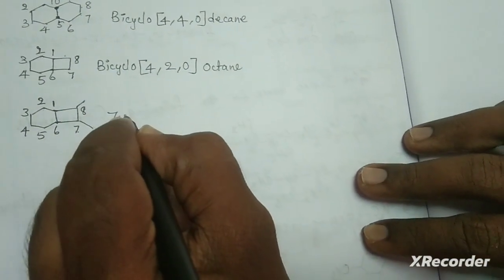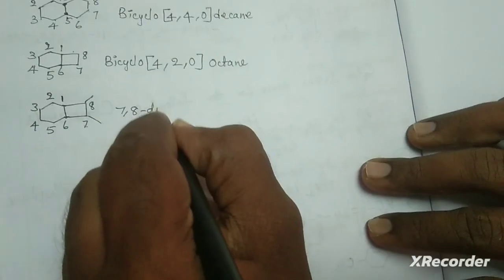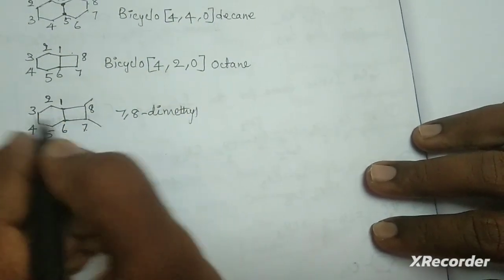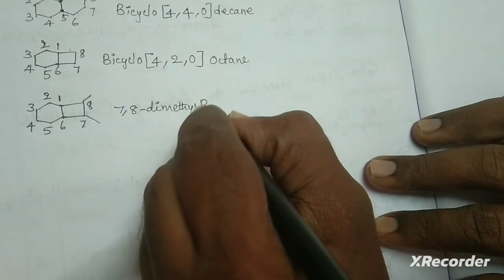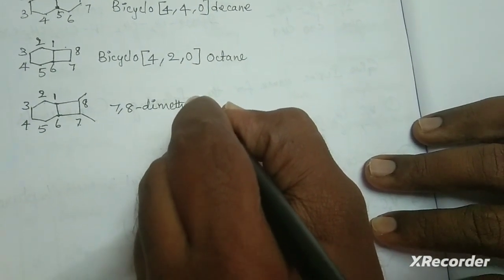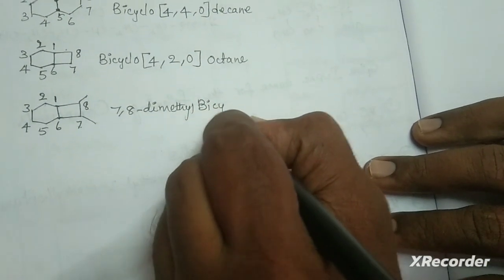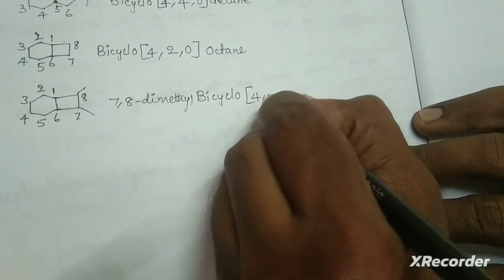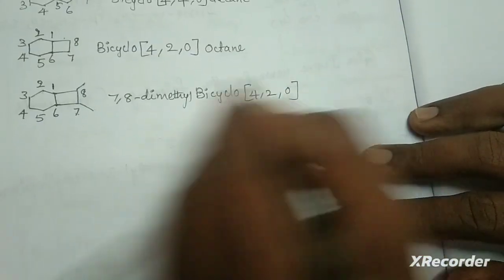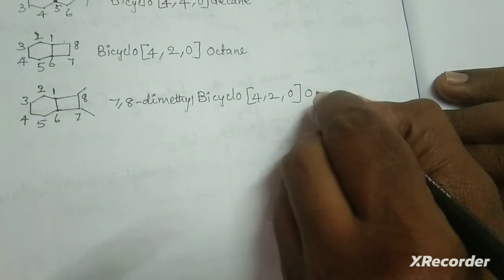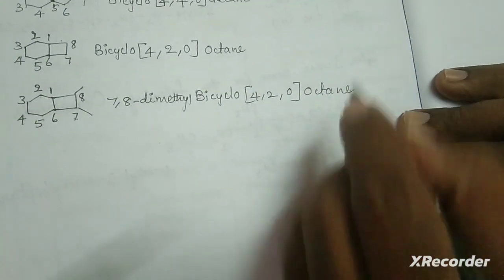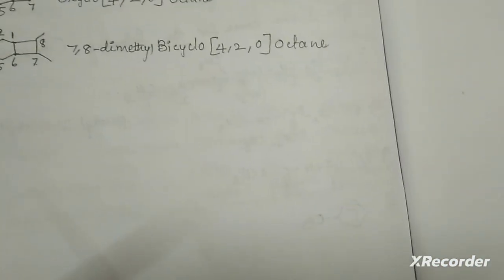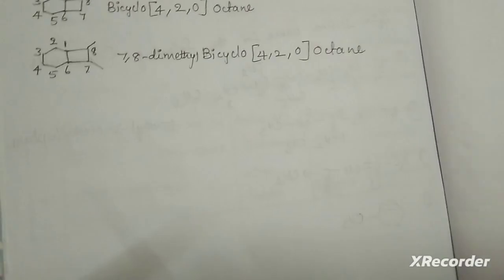So 7 comma 8 dimethyl bicyclo in the bracket 4 comma 2 comma 0 octane. Okay, so this is how you mention the name for bicyclic compounds.